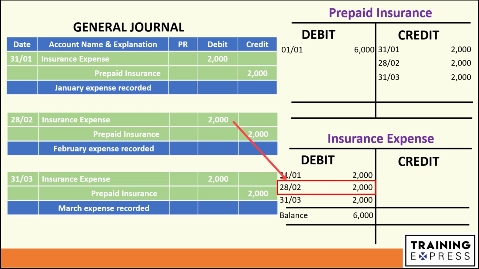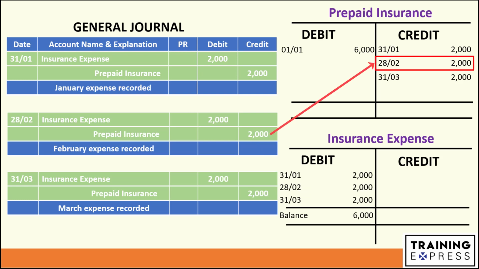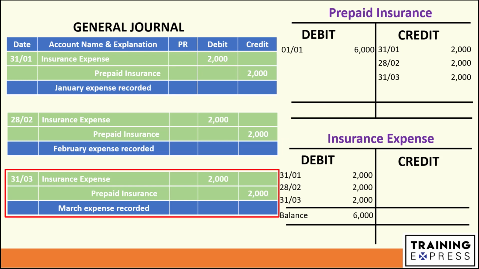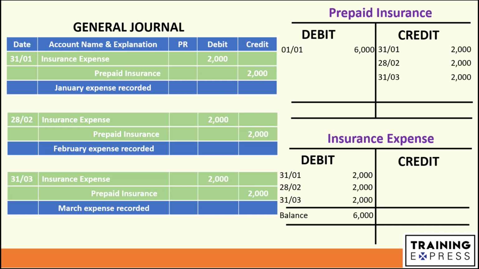Insurance expense debit by $2,000 on 28th of February and prepaid insurance credit by $2,000 on 28th of February. 31st of March, insurance expense debit by $2,000 and prepaid insurance credit by $2,000. Let's post this journal entry. On 31st of March, insurance expense debit by $2,000 and prepaid insurance credit by $2,000 on 31st of March.